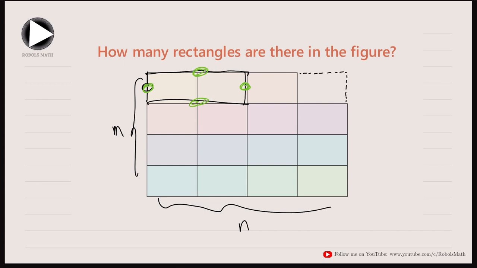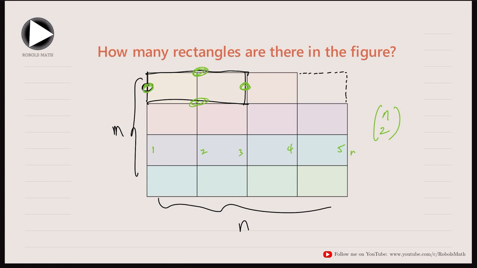For the number of columns, there are 1, 2, 3, 4, 5, or in general n plus one vertical bars, so there are n plus one taken two ways of picking the vertical bars.